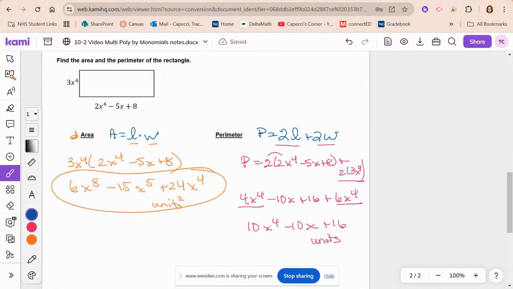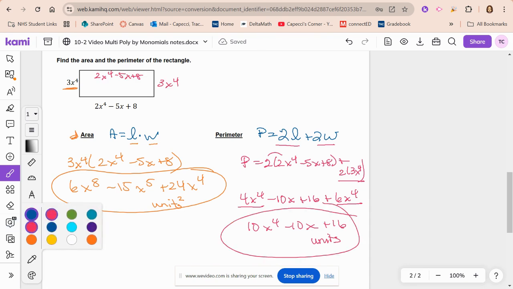Yeah, that's the formula that we use a lot, but I think it's a little easier to do it the way I'm going to show you, which is just label the sides. We know that the opposite sides are going to be the same. I just like to get that visual so you can actually see it. And I just kind of do it in my head. So I'm going to start with the highest power, which is the fourth. So I have 2x to the fourth plus 3x to the fourth.